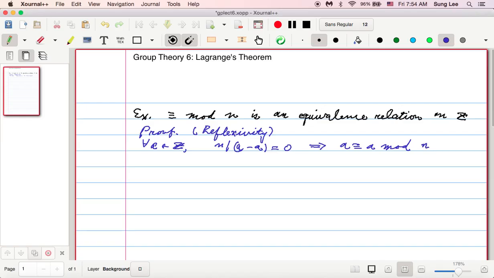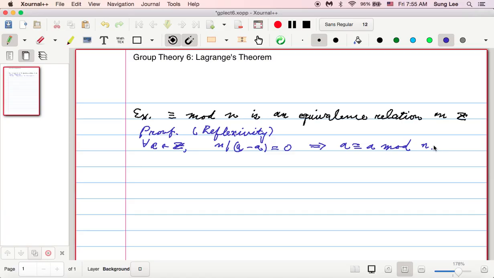Oh, by the way, I forgot to mention one thing before I go further. Earlier I mentioned that this equivalence relation also preserves operations. That's actually very important for us, and we're going to come back to that later on and study more about that. I said earlier that I didn't want to delve into that, but we will come back to that point.